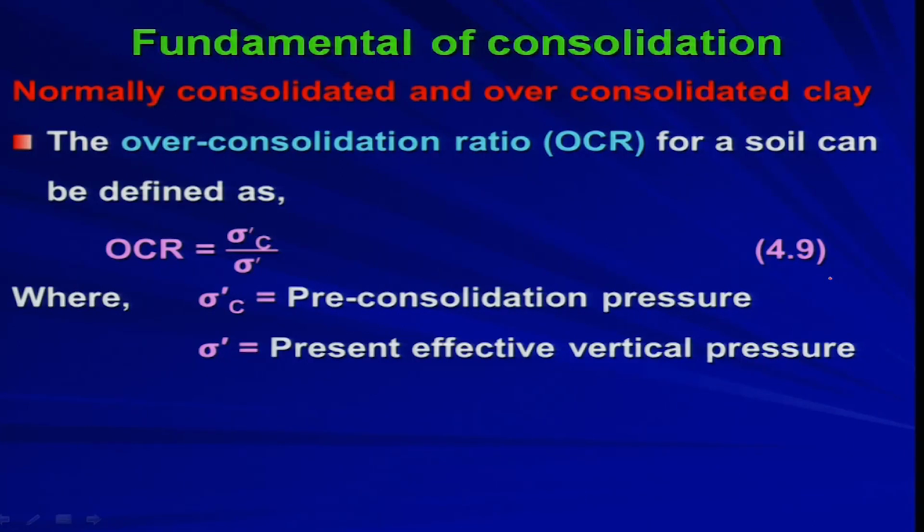Based on that, we can find out how much over consolidated soil we are having. The over consolidation ratio is applied to find that. The over consolidation ratio for a soil is defined as OCR equal to sigma c prime by sigma prime, where sigma c prime is the pre-consolidation pressure we have just seen, and sigma prime is the present effective vertical pressure.